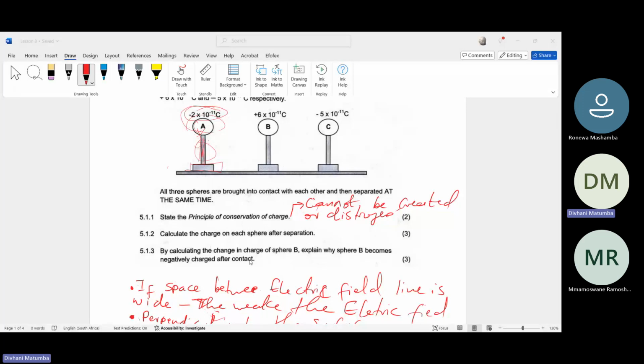That is true. But the instruction said by calculating the change in charge. Oh, so we must demonstrate the change in charge.